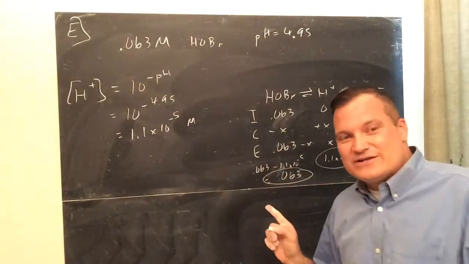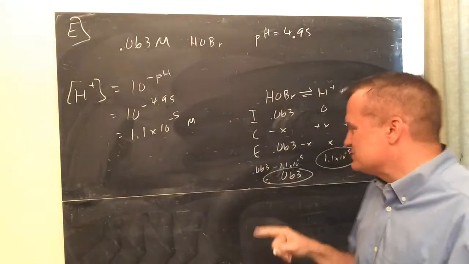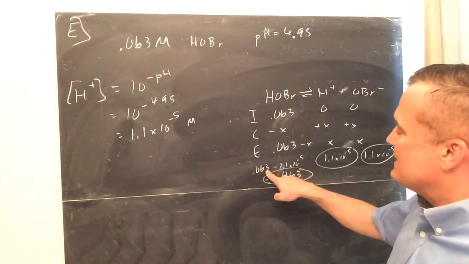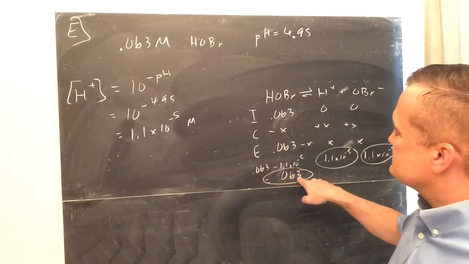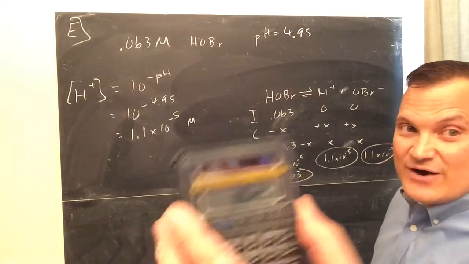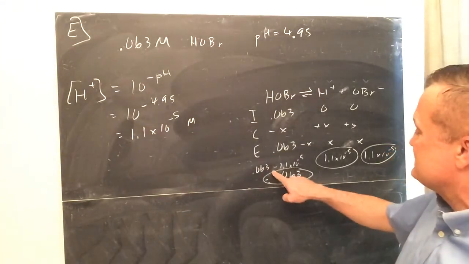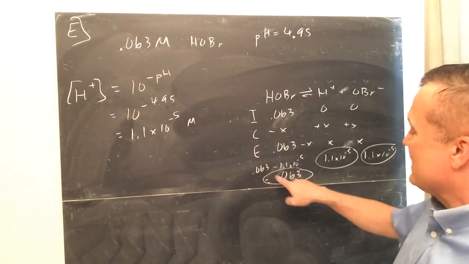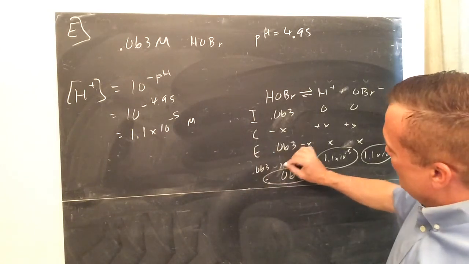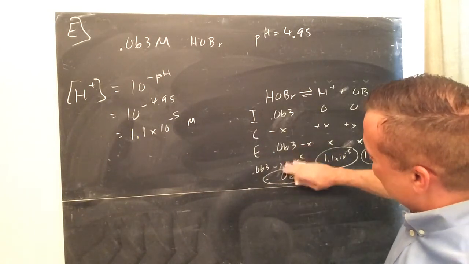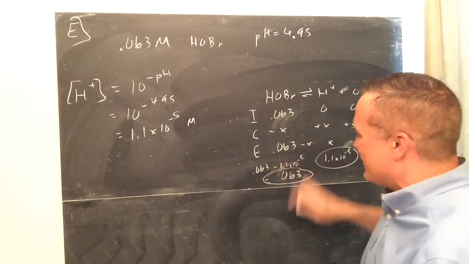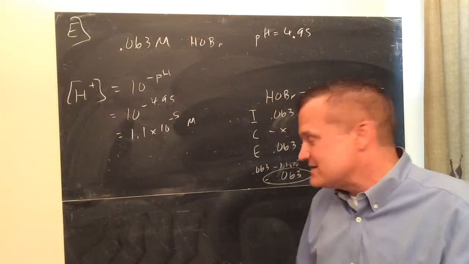That's a great way to show why it's definitely negligible. That is so small. It changes it: it becomes 0.06299. I would round it to 0.063 because I can only have 2 sig figs. So it becomes the same thing. You are meaningless. Look at that. You're so insignificant. That's why you're allowed to say assume x is negligible.